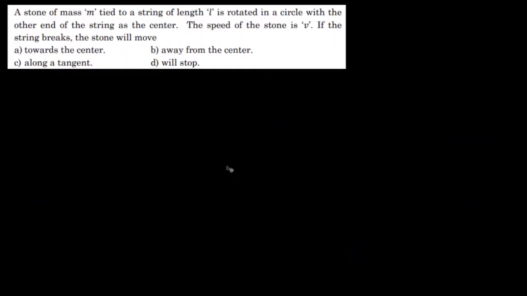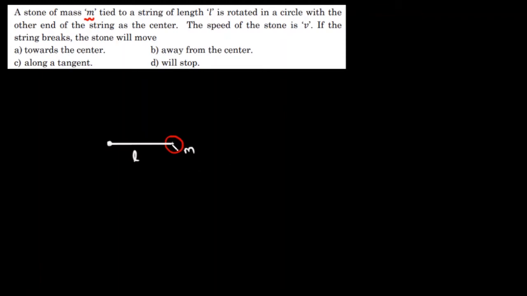So next question: a stone of mass m tied to a string. Let us consider this is the stone, and this is the string. So a stone of mass m, tied to a string of length L, is rotated in a circle.